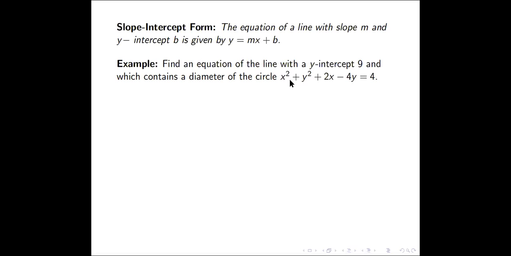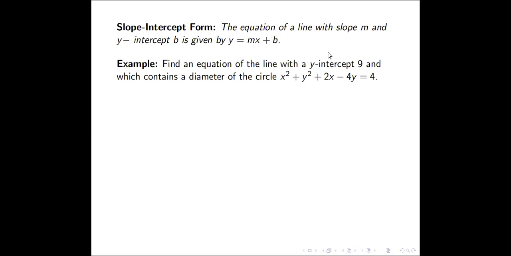So this is an equation of a circle. Remember, there are 2 forms of an equation of a circle that we have discussed: the standard form and the general form. The standard form is simply the center-radius form.